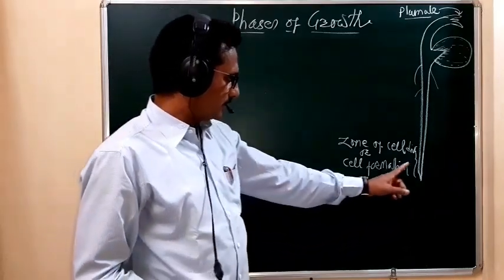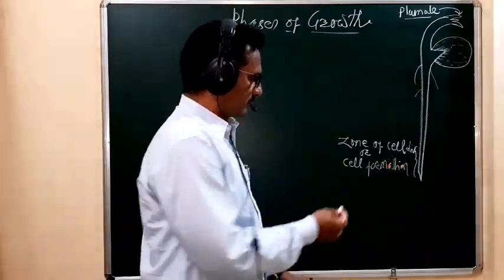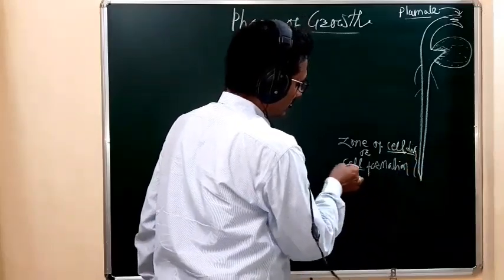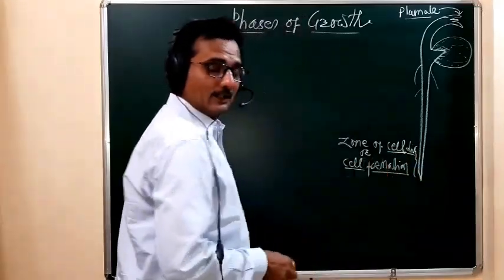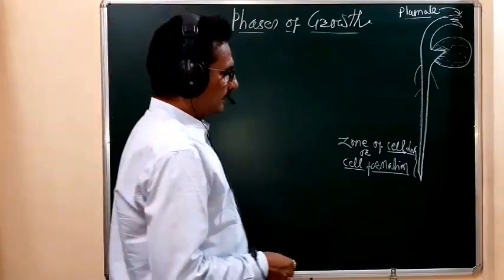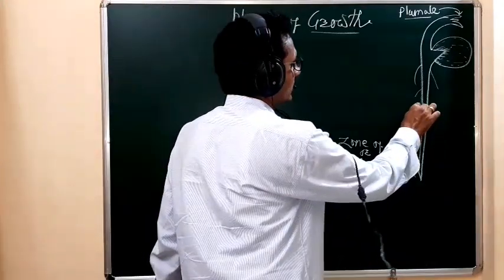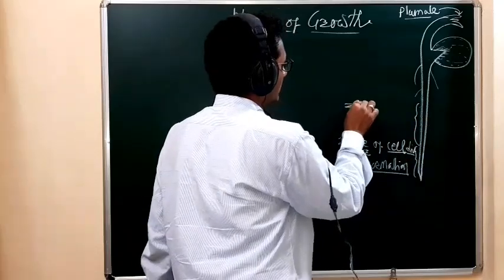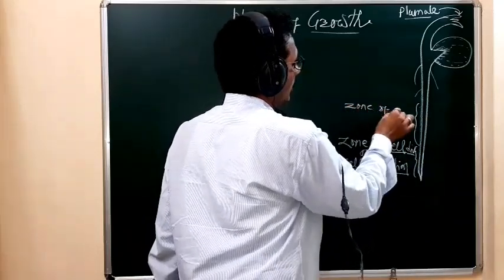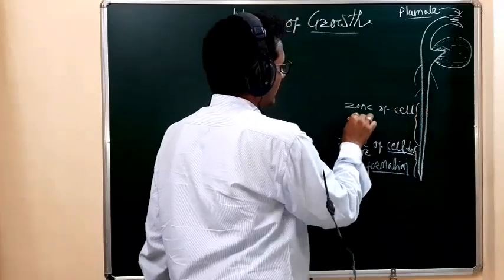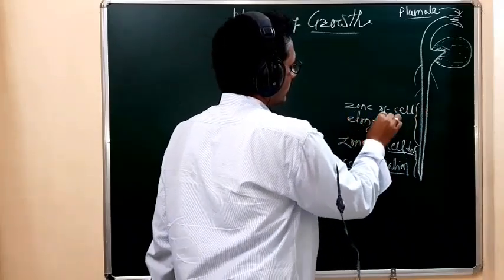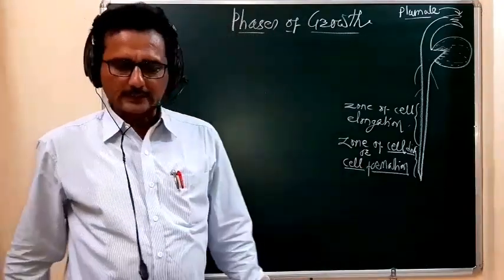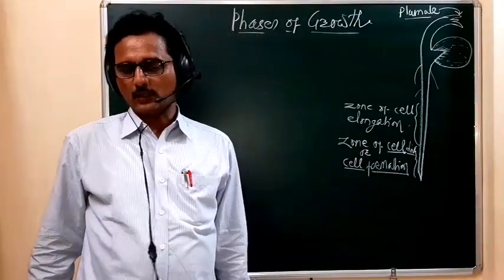Then just above the zone of cell division, that region is called the zone of cell elongation.